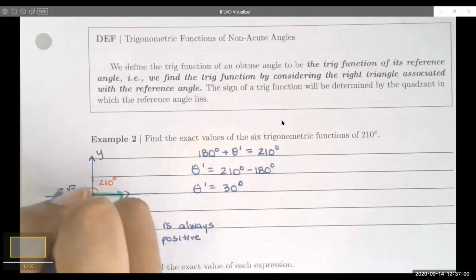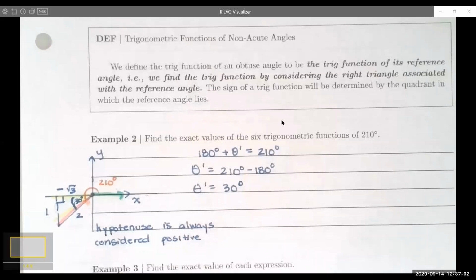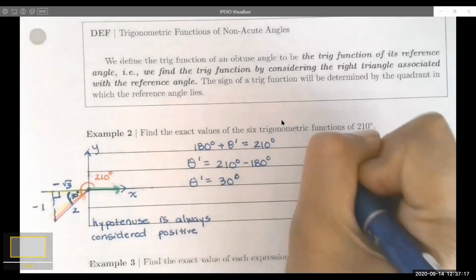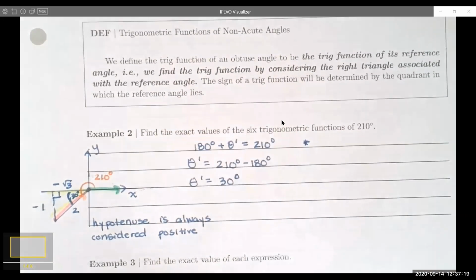That's going to be considered a negative square root of 3. And then the 1, since we are going down, so down from the origin means negative y direction. So that's going to be a negative 1. And those are the values that we're going to use when we take a look at the trig functions.